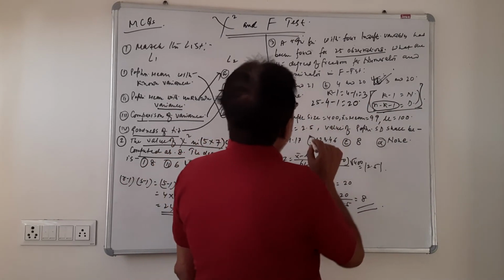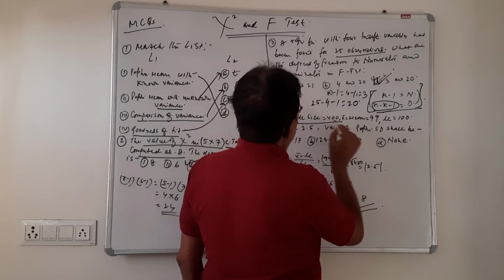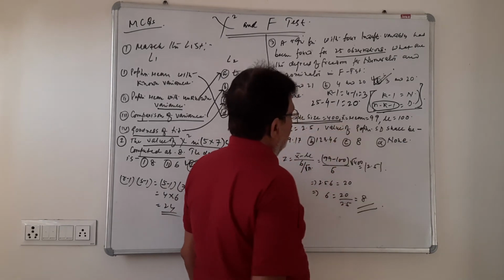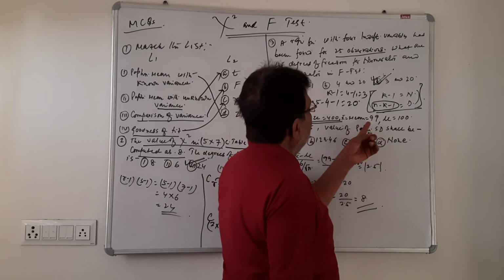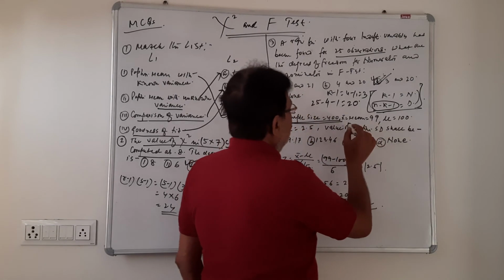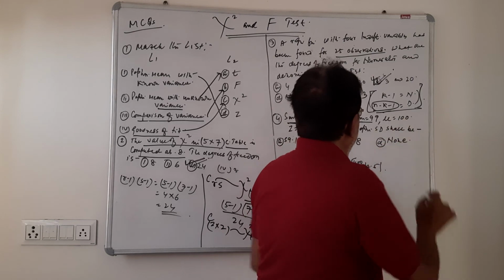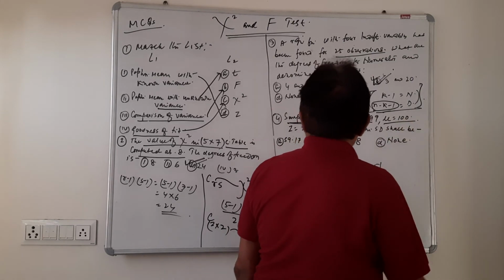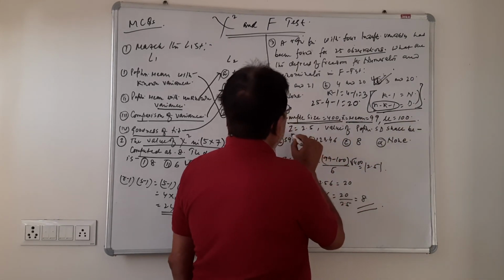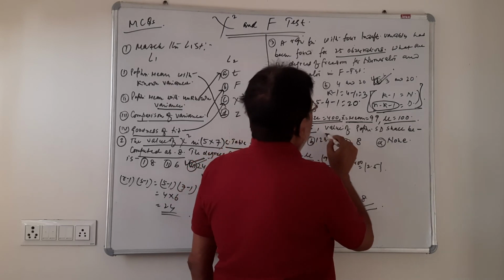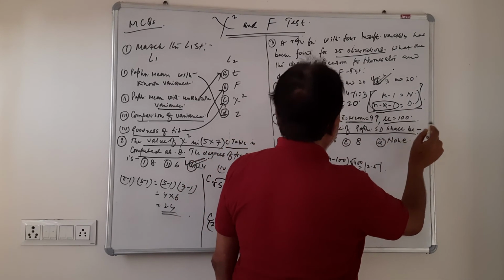Number 4, sample size n is 400, the sample mean is 99, and the population mean is 100. Z is 2.5. Find the value of the population SD.